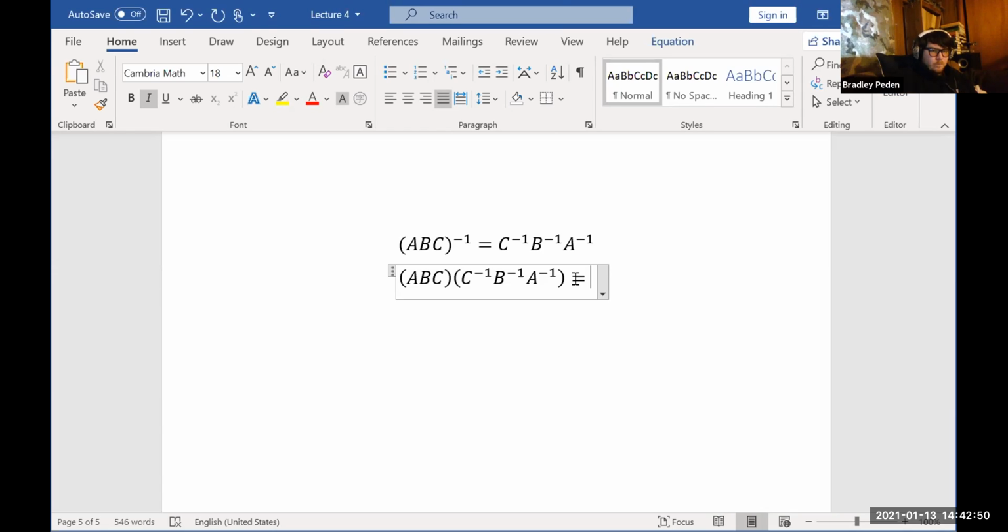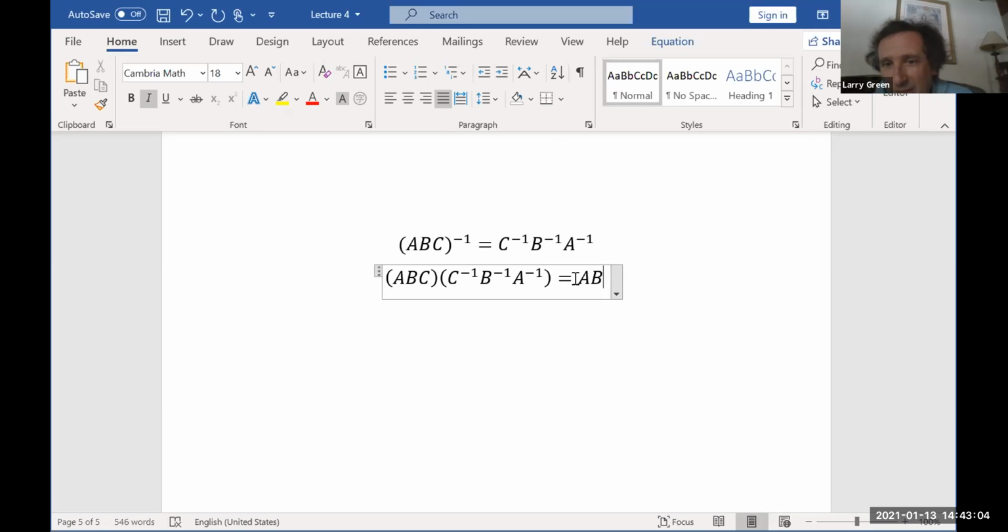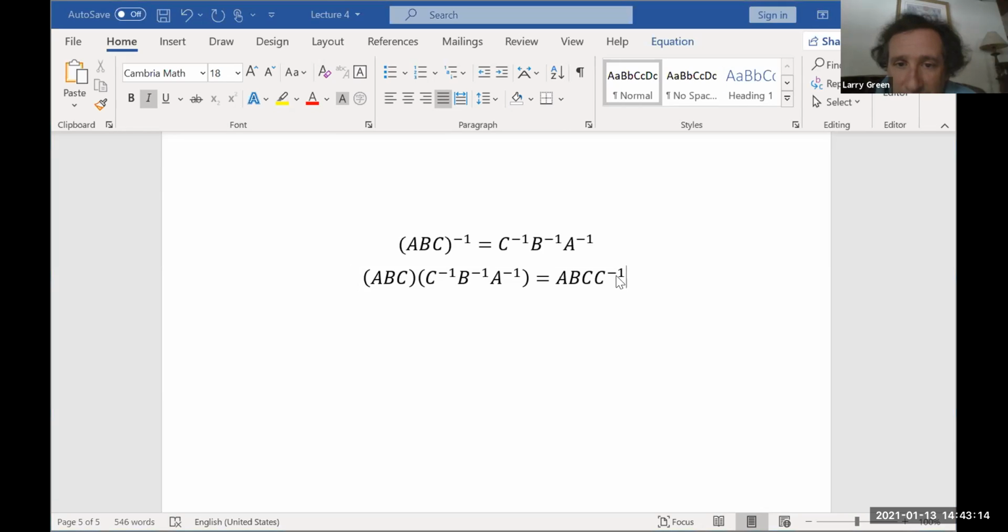You have to talk about which property you're using. Let's use the associative property, which means I can switch around the parentheses. Does that make sense? So that's equal to AB, C, C inverse, times B inverse A inverse.